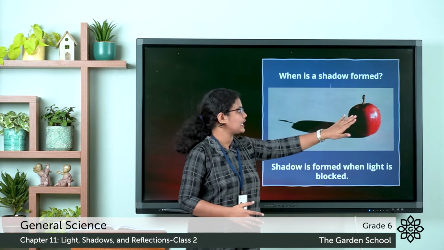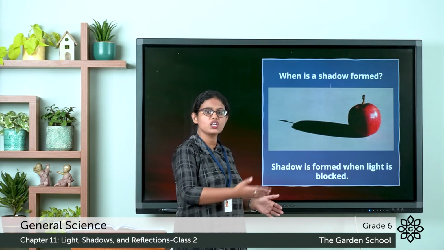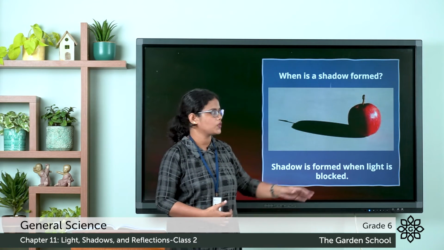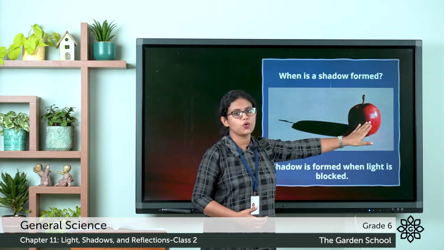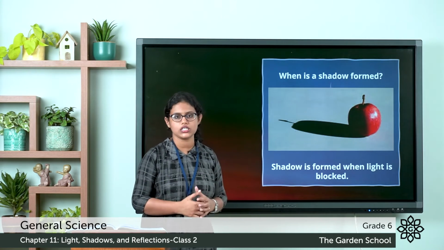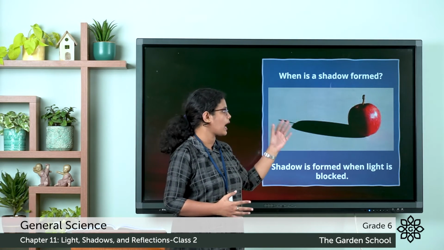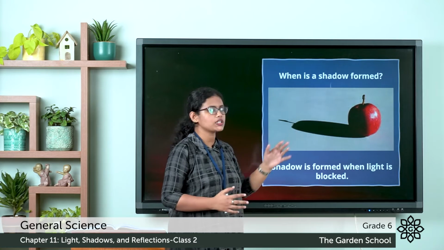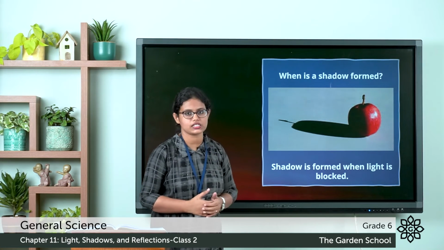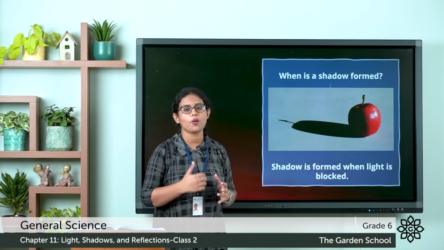From all other directions, the light passes easily. As no light passes through this object, a dark patch is formed on the other side. That dark patch is the shadow of the opaque object.